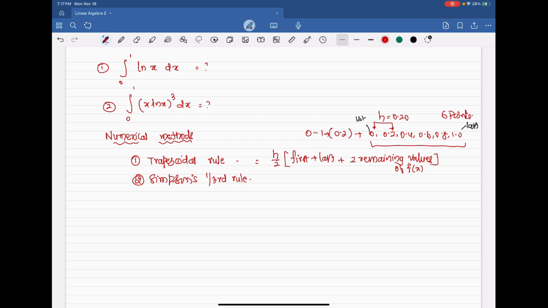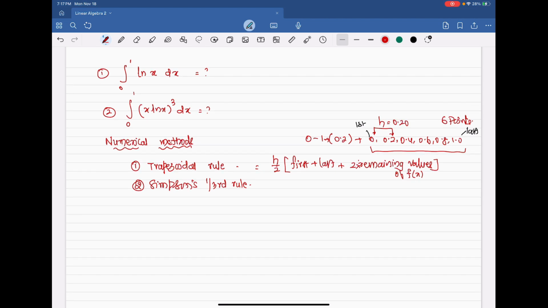And first element plus last element plus 2 into remaining elements. Function x values. These are all x values. There is one function we call y. The function may have some values as x1, x2, x3, x4, x5, x6.